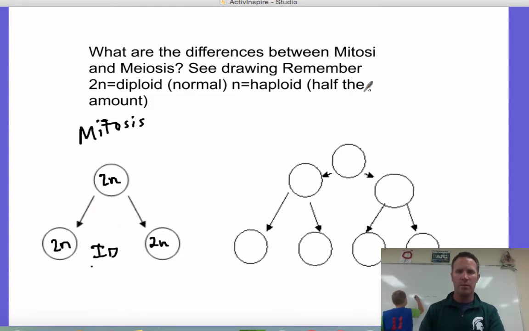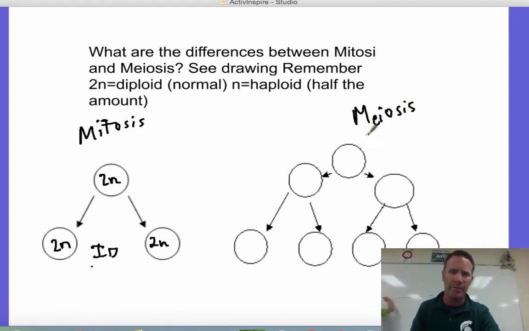Okay? That's not the case when we do meiosis. So remember, meiosis, we're trying to get cells that are not diploid anymore. So we start with an average everyday cell, again a normal diploid cell, but then what happens is it's going to divide in half. Remember the first part of meiosis, we split it in half. So they become 1N.